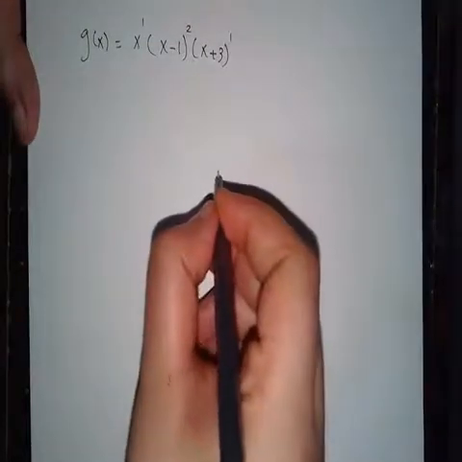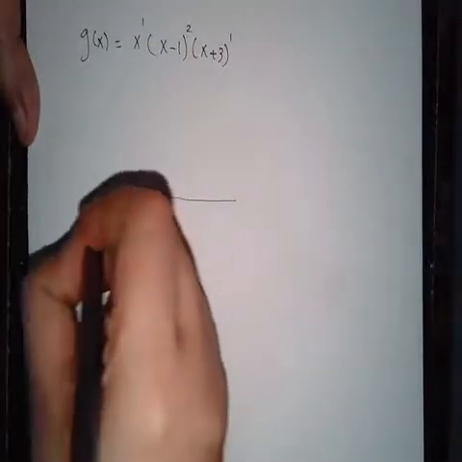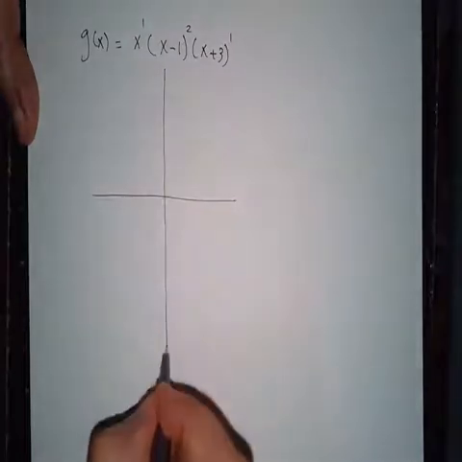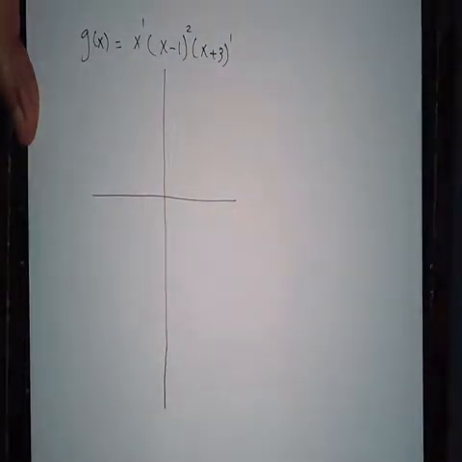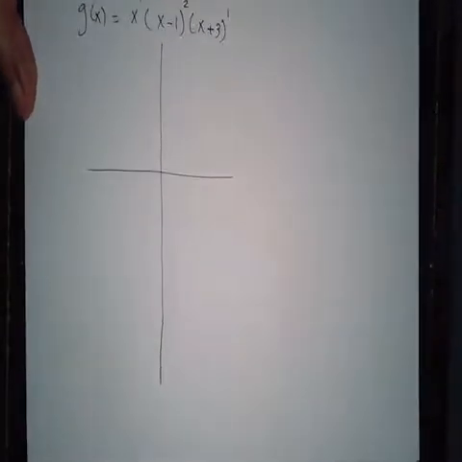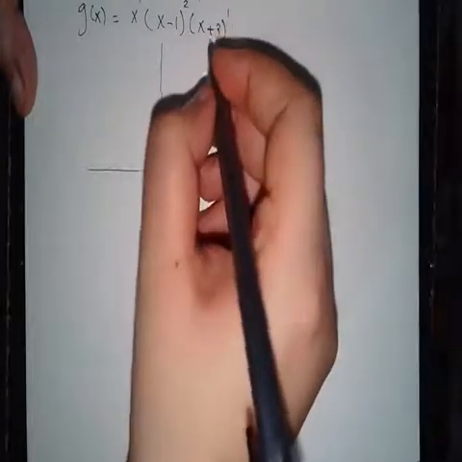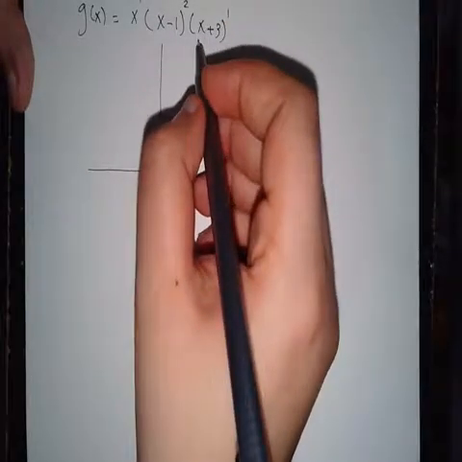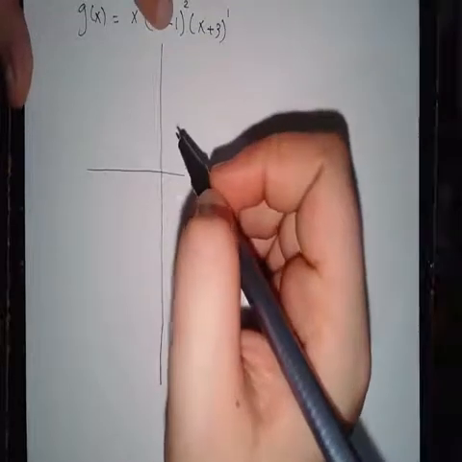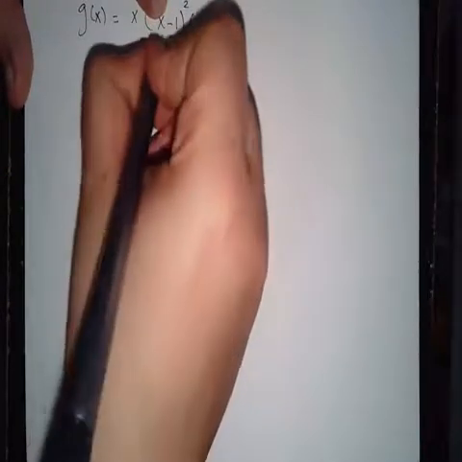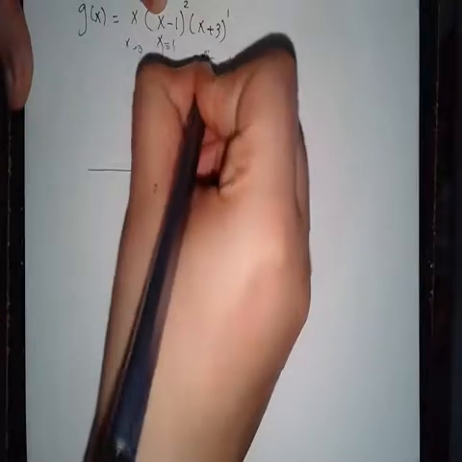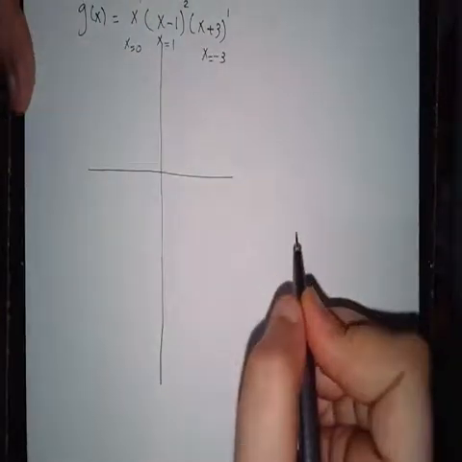So let's do that. Here is the x-axis, and here's the y-axis. Alright, so we start here, and you go to the point x equals 1, this is x equals 0, and that's x equals negative 3. We did those already.